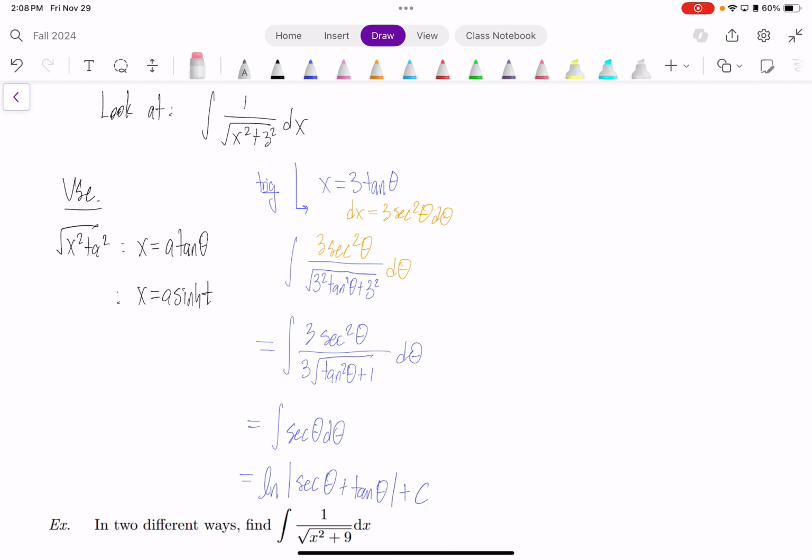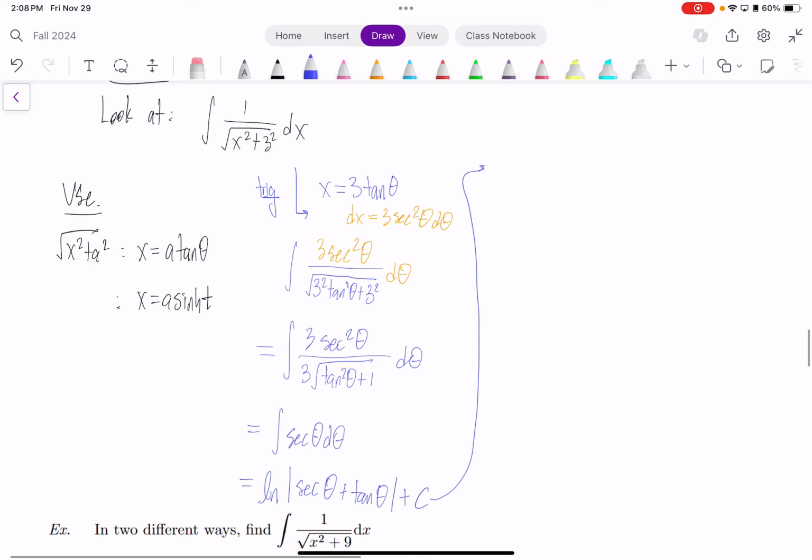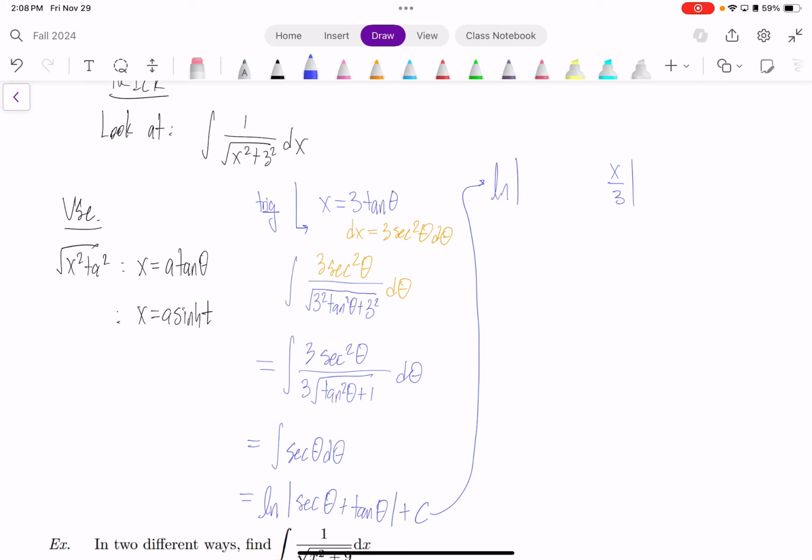Okay, so let's substitute our thetas back in. If x is 3 tan theta, then we have the ln of, let's substitute back our tan theta first. Our tan theta is x over 3. And to substitute back for our secant theta, let's look at x squared again.